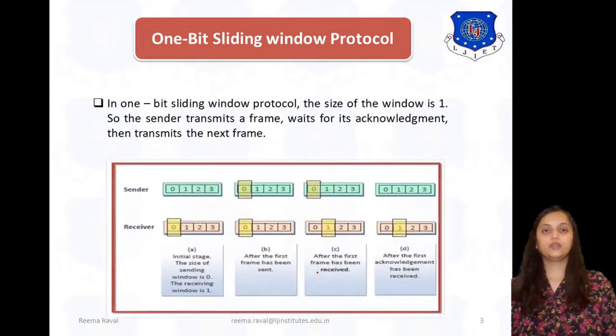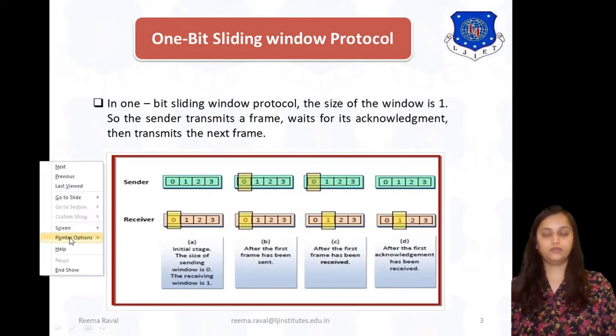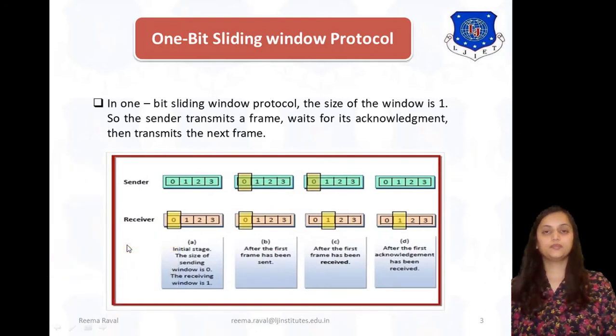Let us consider this diagram. Here window size 1 is indicated. Consider this the sender side and this the receiver side. In the first case, the initial stage, the size of the sending window is 0, that means there is no window mentioned over here, whereas the receiving window is 1. This is indicating the receiving window.